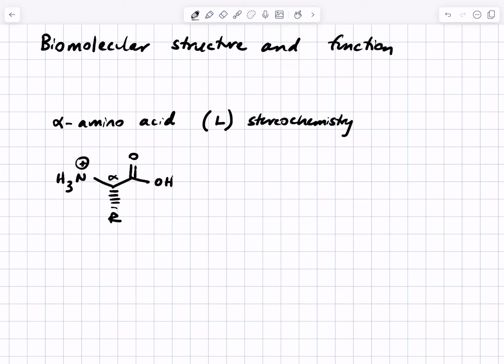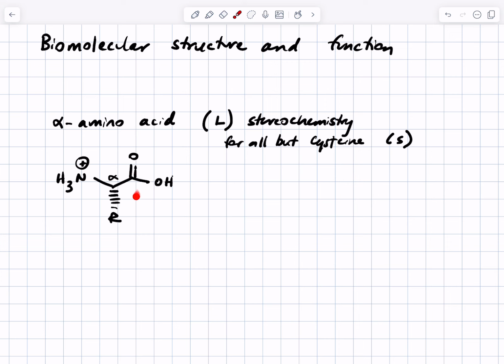And for all but cysteine of the 20 amino acids, the configuration is S. Okay, so just assuming this were some kind of carbon, this would be priority group 1 for the nitrogen because nitrogen's heavier than carbon. 1, 2, 3.